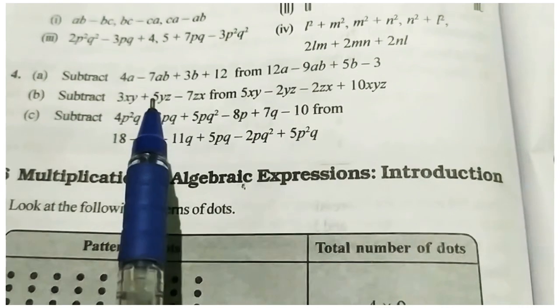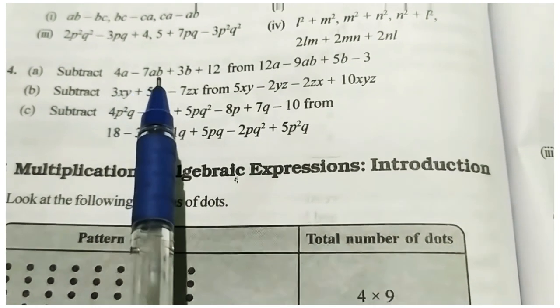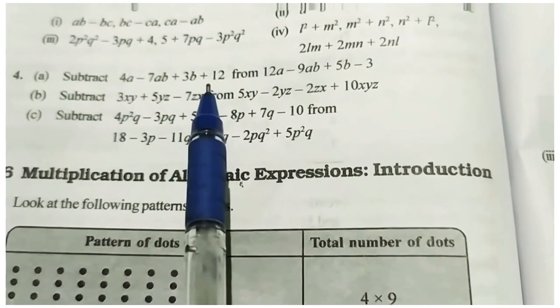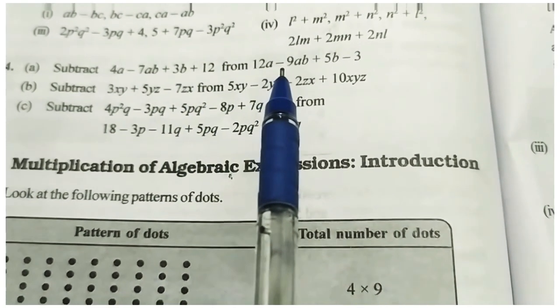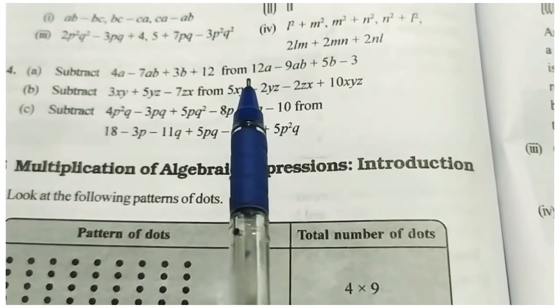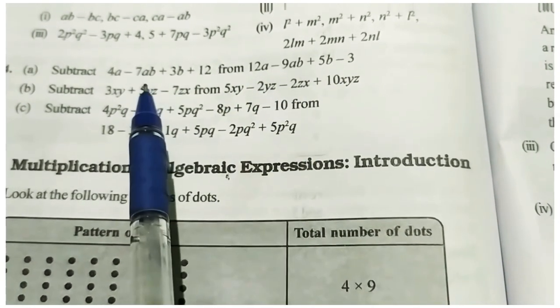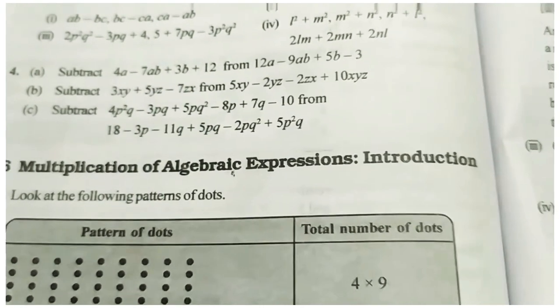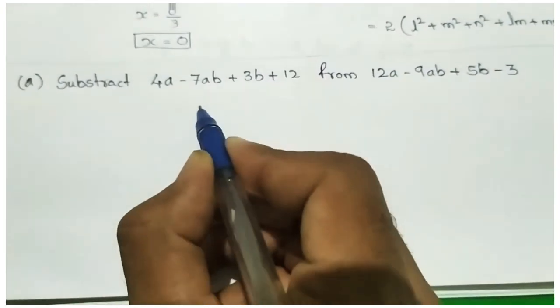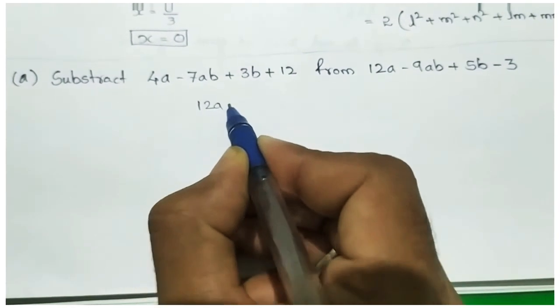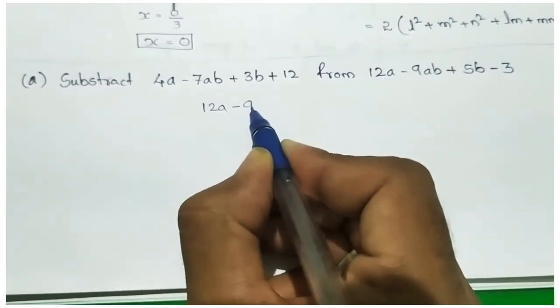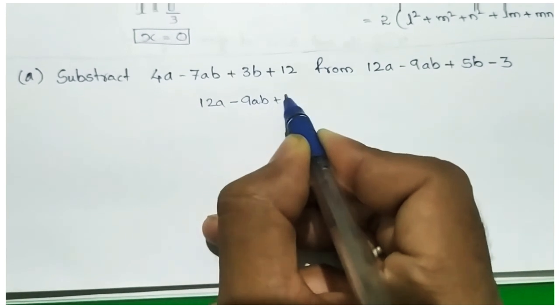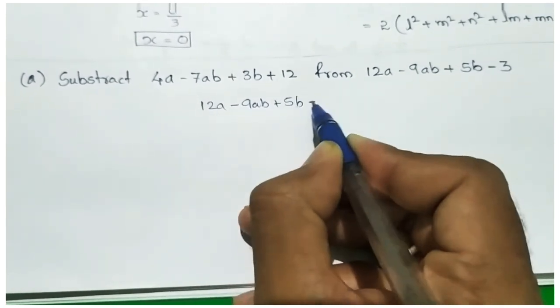In the fourth question, we have to subtract 4a minus 7ab plus 3b plus 12 from 12a minus 9ab plus 5b minus 3. Okay, so you have to write the 'from' expression first, and afterwards you have to write the subtracting expression. So first you write 12a minus 9ab plus 5b minus 3.